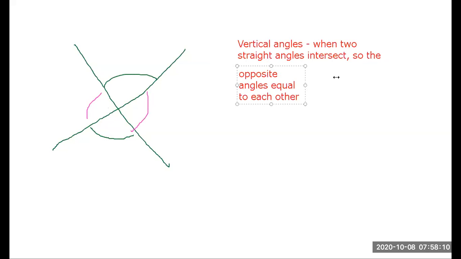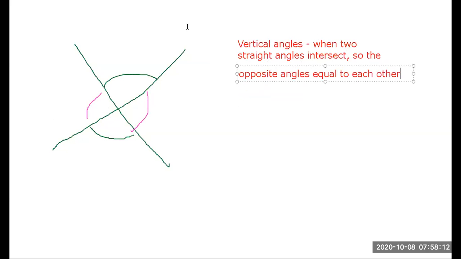For example, if this is 20 degrees, then this is 20 degrees. Okay? If this right here is 130 degrees, let's not use 130. Let's actually make it a straight angle.